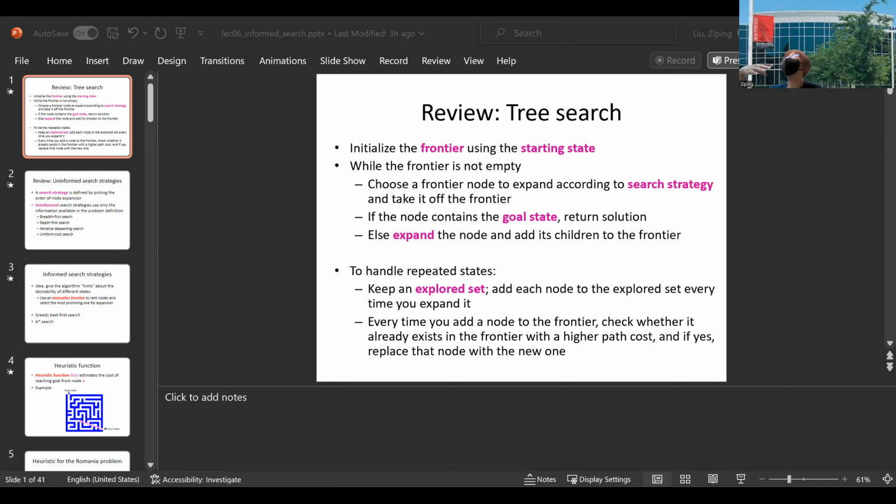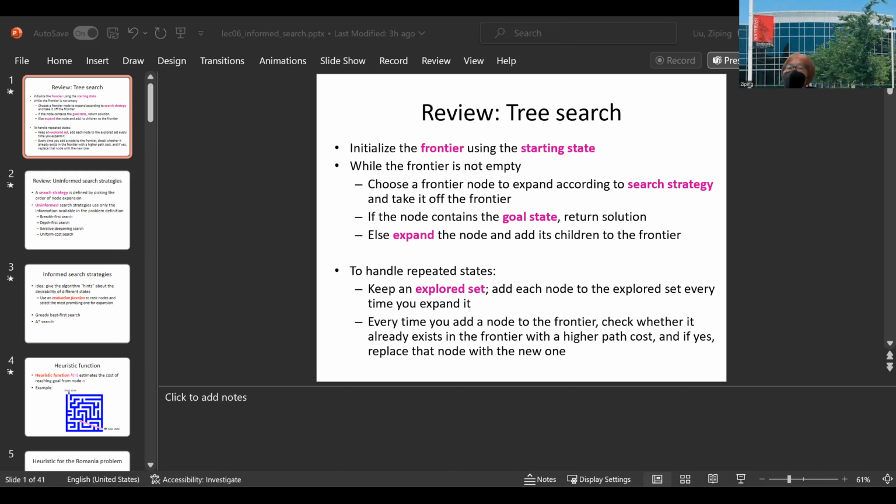So you have some idea, not like the other, where you don't have an idea. Informed means you have some hints about the desirability of different states. You've got some hint, but not the real cost. It's just some hint.